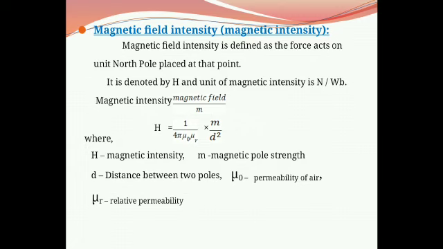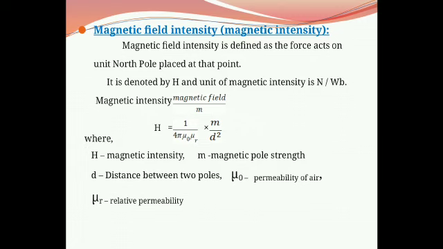Therefore magnetic intensity H is directly proportional to M, that is magnetic pole strength, and inversely proportional to the square of the distance between the magnet and that object. Therefore H is directly proportional to M upon D square.